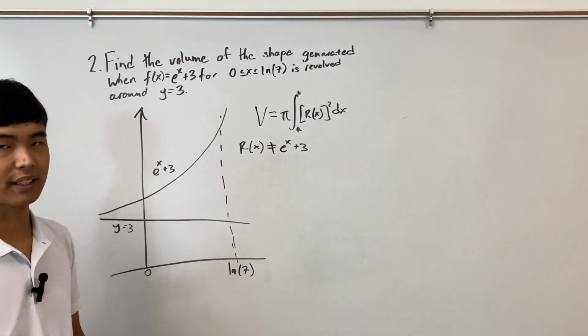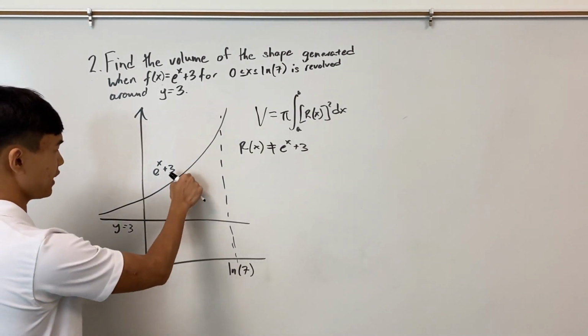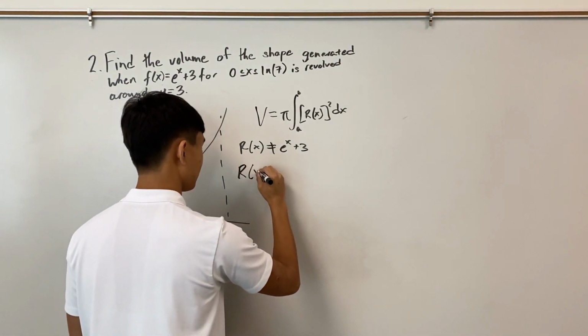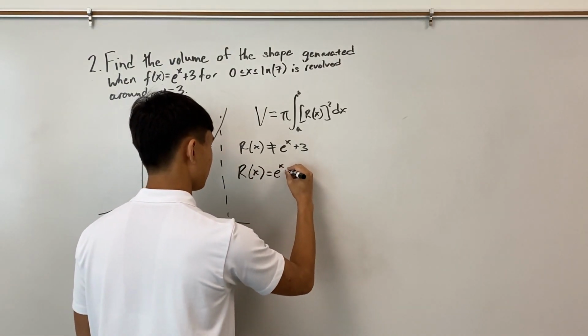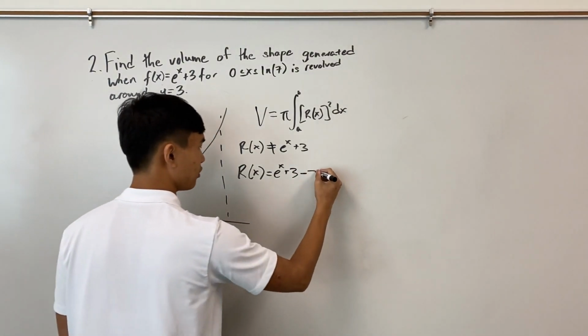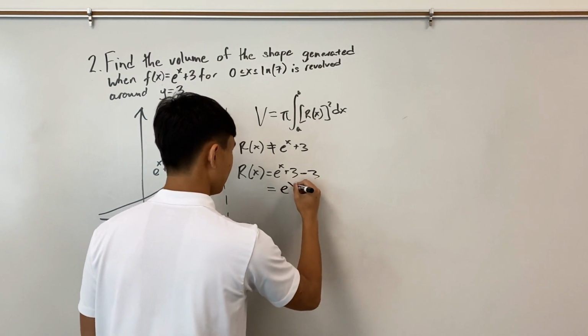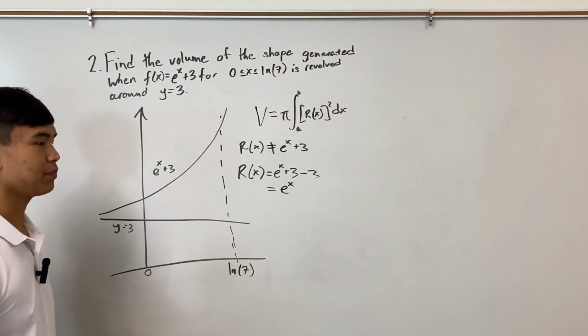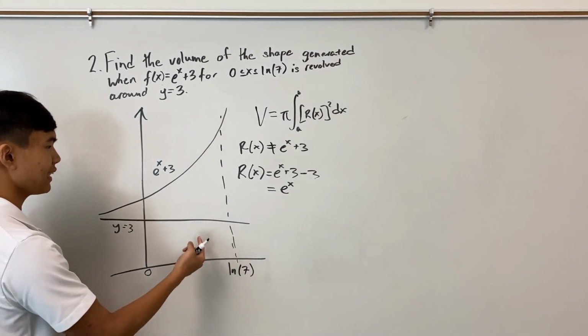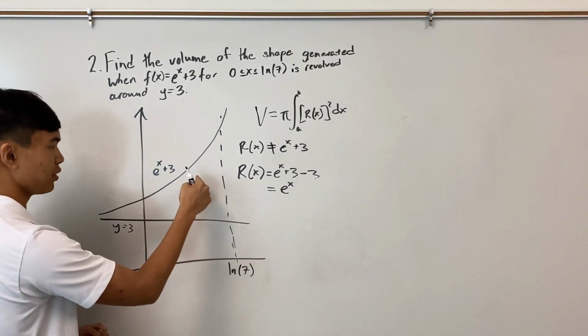The easiest way to do that is to take the difference between this curve and this curve. So here our radius is e to the x plus 3 minus 3, which is just e to the x. And we have to do this because we want to ensure that we have an accurate representation of the distance from the axis of revolution to the curve.